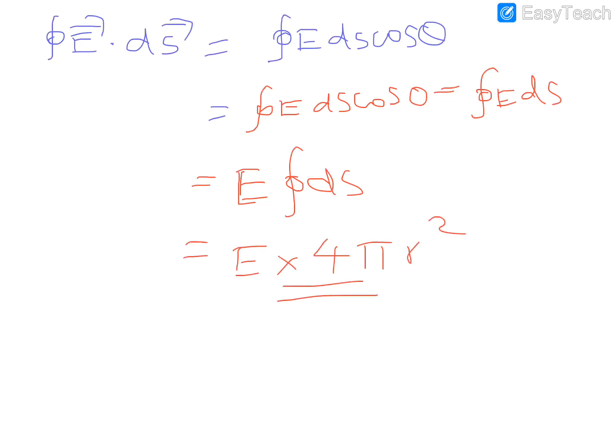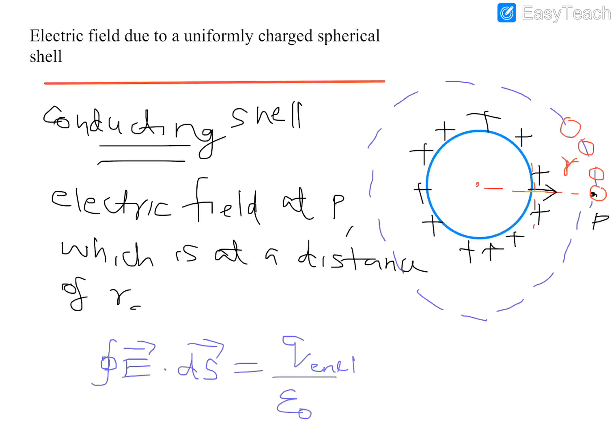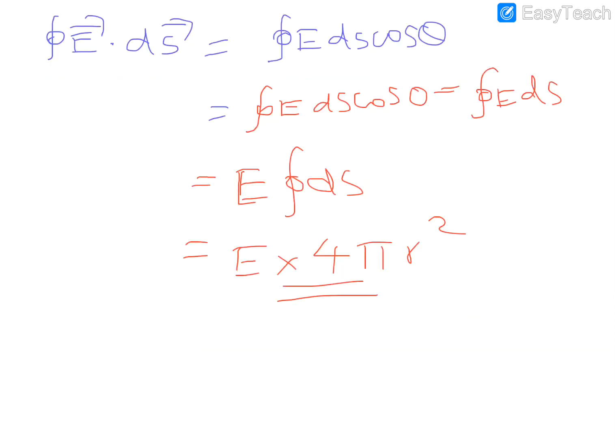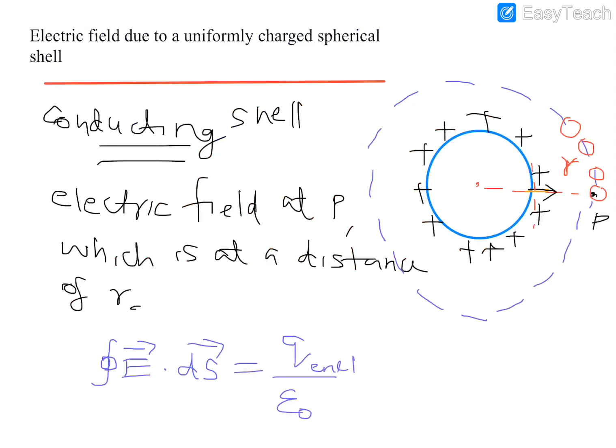So this is the left side of Gauss's theorem, E dot ds. You got it as E into 4 pi r squared. This is your left side because it is equal to closed integral E dot ds. So closed integral E dot ds is equal to q enclosed by epsilon 0. Let us imagine that the total charge is q.